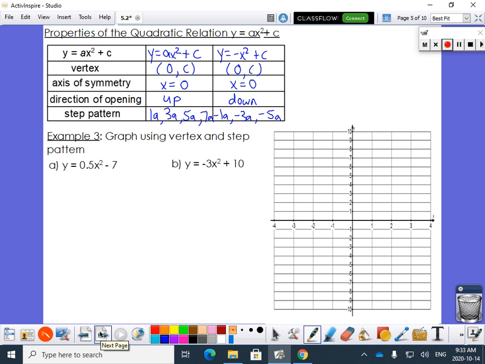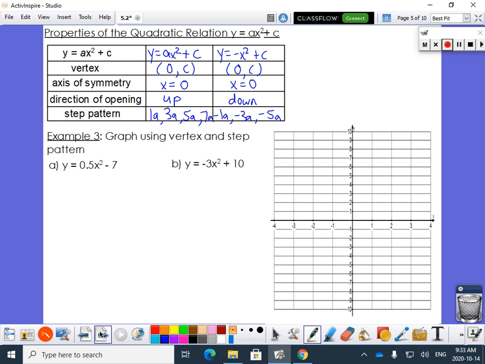Axis of symmetry. Well, x equals 0 because the axis of symmetry is always the x value of the vertex, which is still 0. Direction of opening. Well, is my a value negative or positive here? Positive, so it opens up. And what's my step pattern? Well, we have an a here, so if it's greater than 1, we're going to have 1 times a, 3 times a, 5 times a. Okay, and I know we keep saying this over and over again, so some of this really is review.